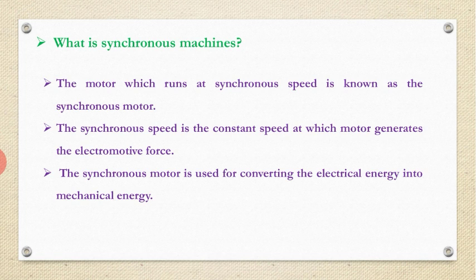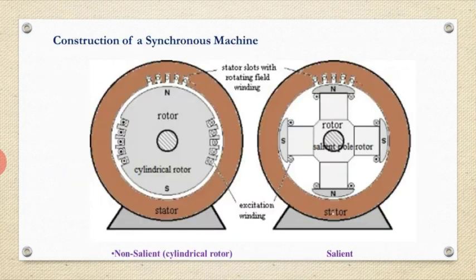I repeat, the induction motor always runs less than the synchronous speed. Hence, the induction motor is called asynchronous, whereas the synchronous machine is the one that runs at synchronous speed. So the synchronous speed is the constant speed at which the motor generates the electromotive force. The synchronous motor is used for converting electrical energy into mechanical energy.